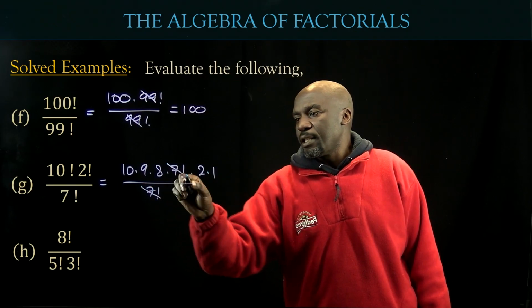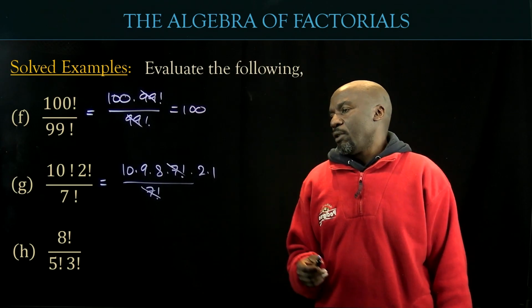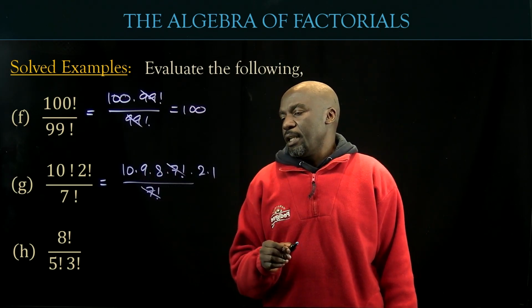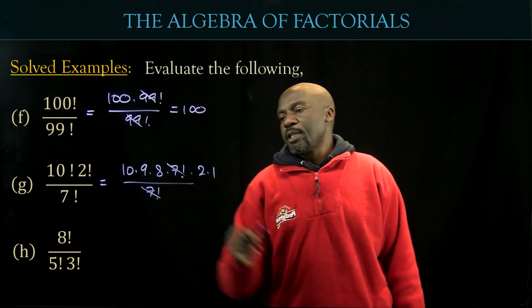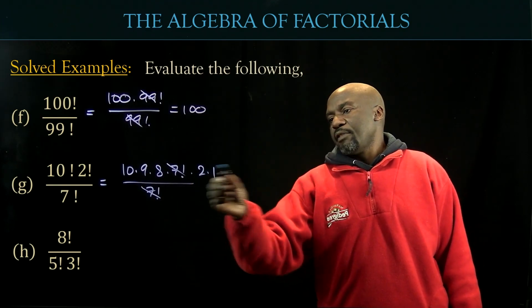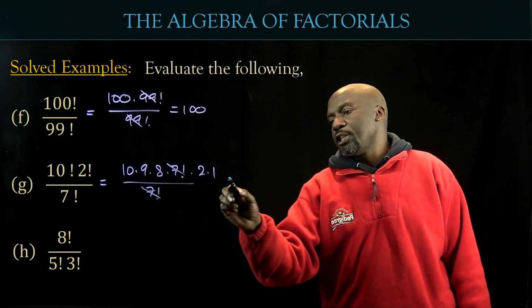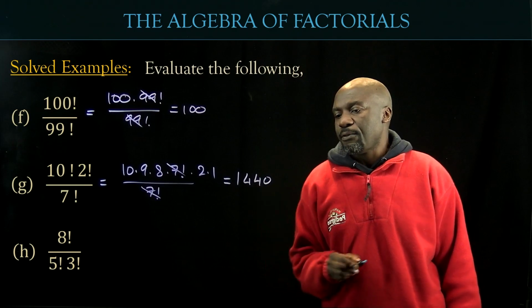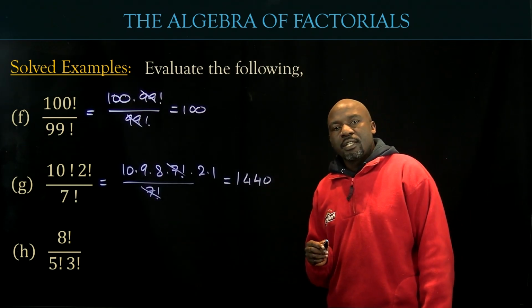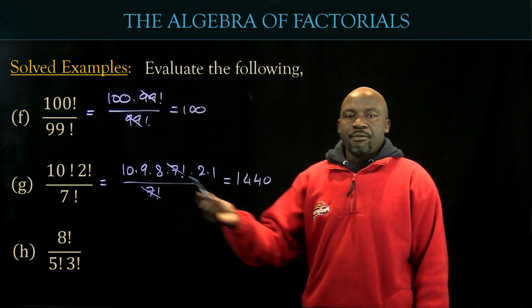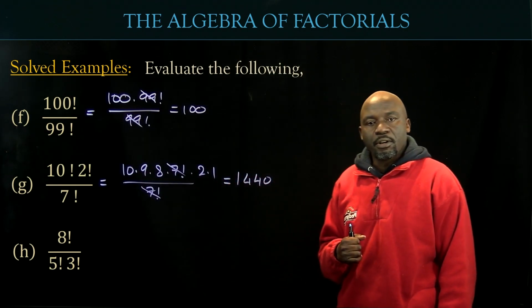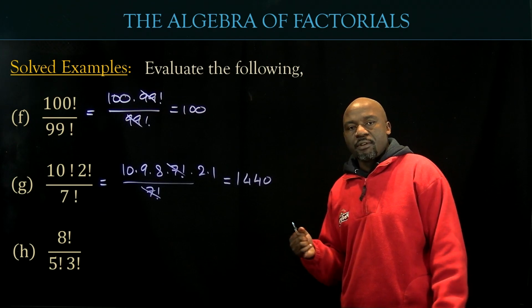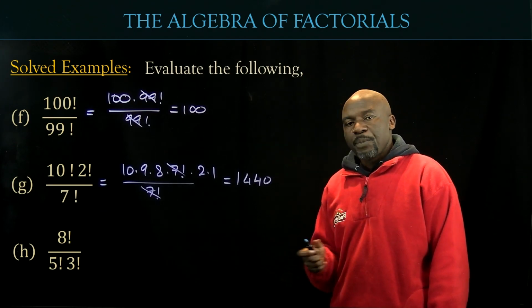But the 7 factorial and the 7 factorial can cancel. And what do I have here? 9 times 8 is 72. So times 10 is 720. 720 multiplied by 2 is 1,440. And so 10 factorial times 2 factorial divided by 7 factorial is 1,440, as easy as that.